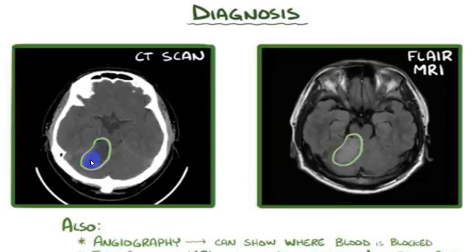So a CT scan where there is no bright shadow will be more in favor of ischemic stroke. You can have a follow-up investigation by FLAIR MRI, which can distinguish a new from an old one. So that will be helpful when you want to differentiate between old and new.